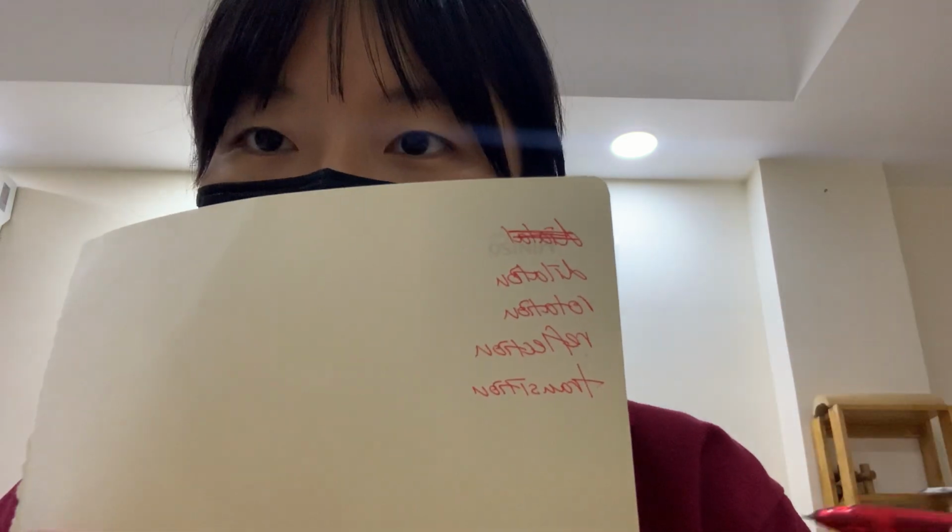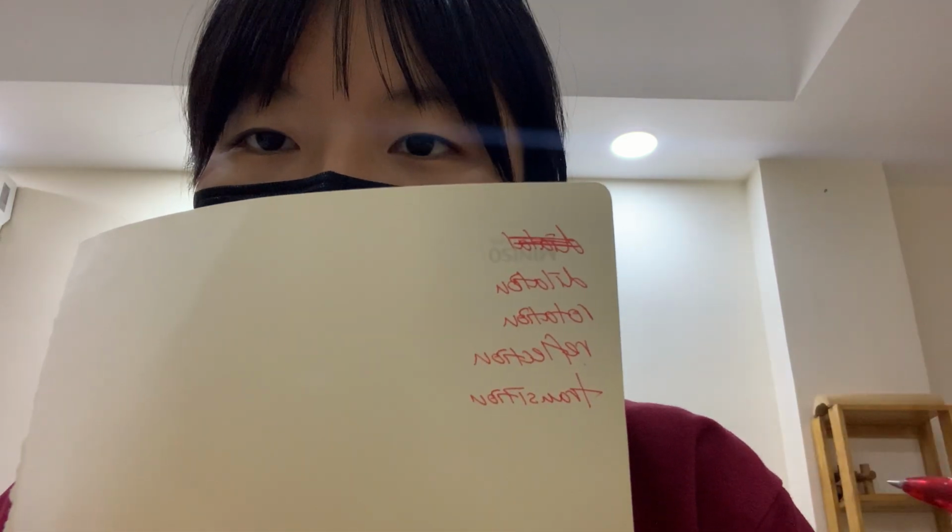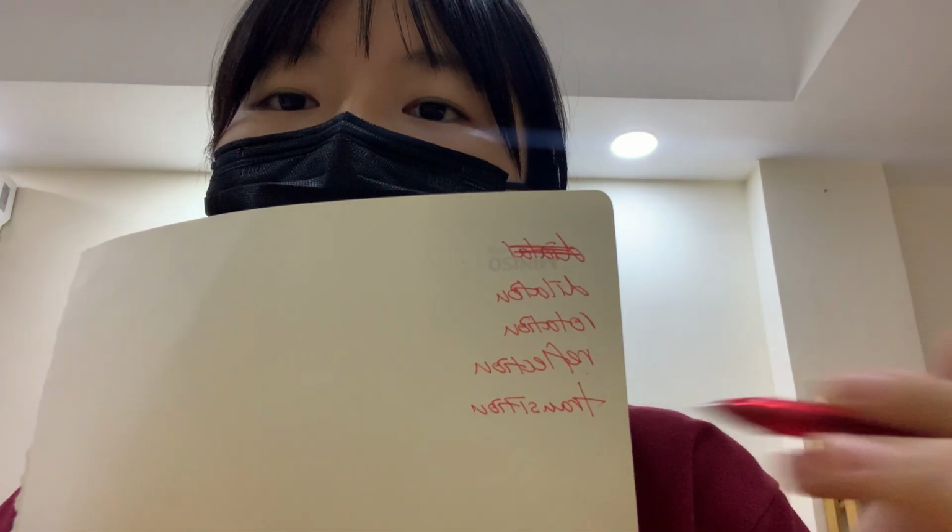Number 1, dilation. Number 2, rotation. Number 3, reflection. And number 4, translation. If this is the first time hearing all of these words, don't worry. We are going to go through them one by one very carefully and slowly, okay? Number 1, dilation.